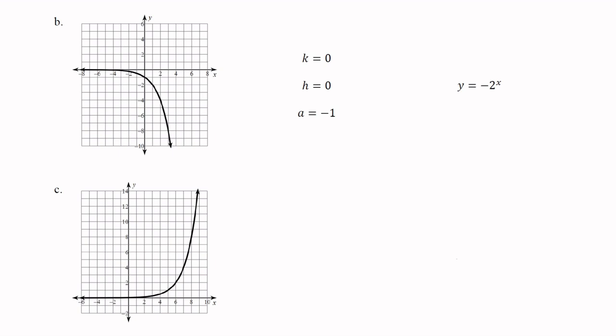For c, we have k equals 0 because our asymptote's along the x-axis. h is 5 because if we look at the point closest to the asymptote, it's 5 units to the right of the y-axis. And our a is 1. So we have y equals 2 to the x minus 5.